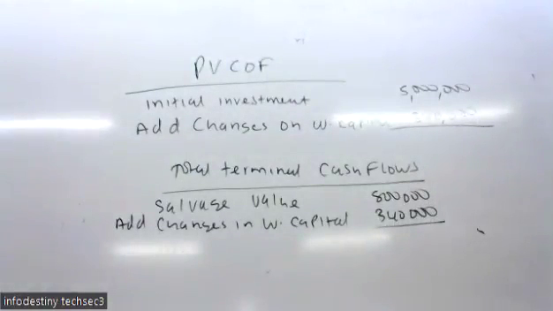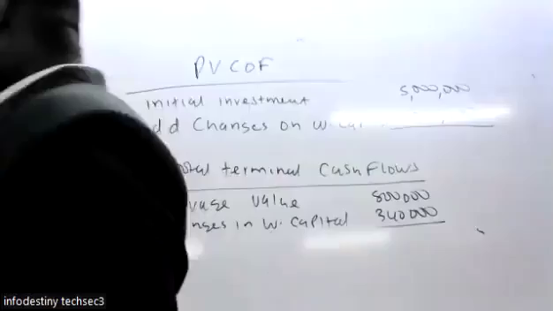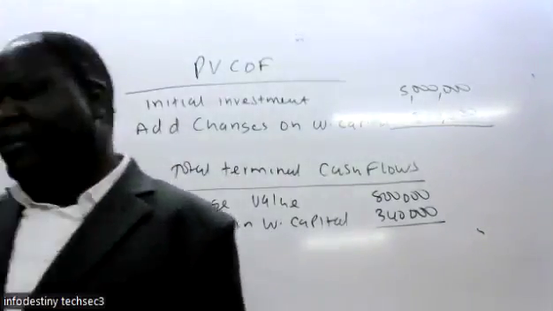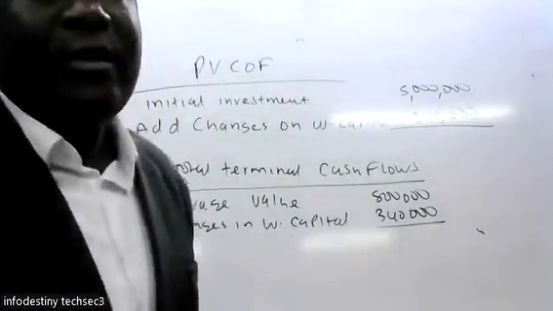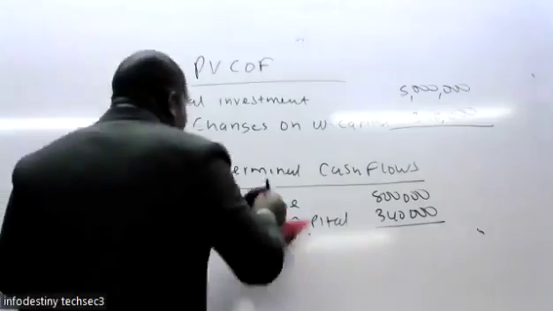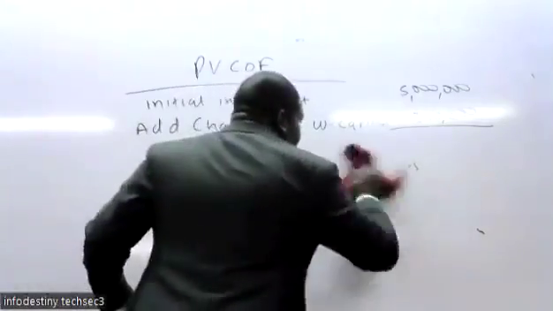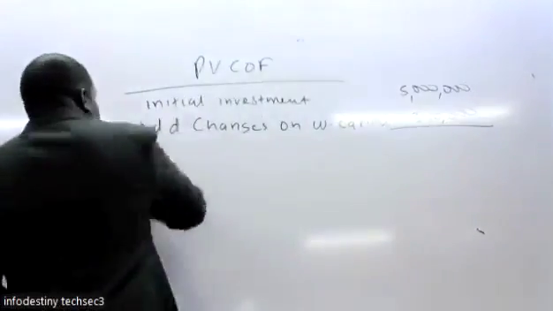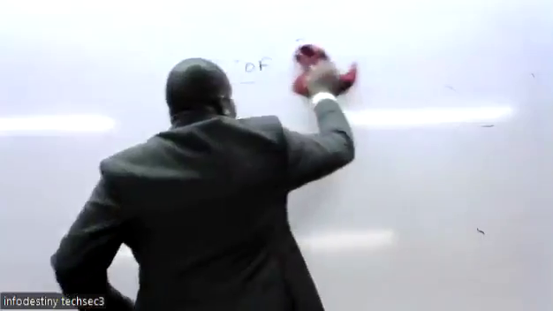So we go to Roman letter 4. They would like you to calculate the annual net operating cash flows. But before we do that, we should calculate the depreciation, or simply the capital allowances.